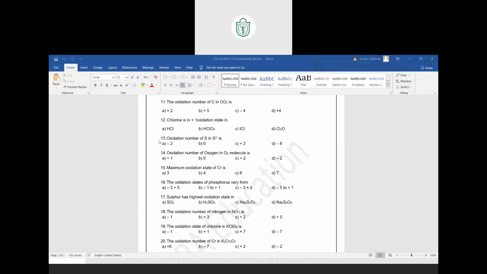Next, 13th one. Oxidation number of sulfur in sulfide is whether -2 or 0 or +2 or -6. What is the oxidation number of sulfur in S-2? Maruti is saying option A. Suchindra saying A. Mithil also saying A. Akash, Utkarsh.